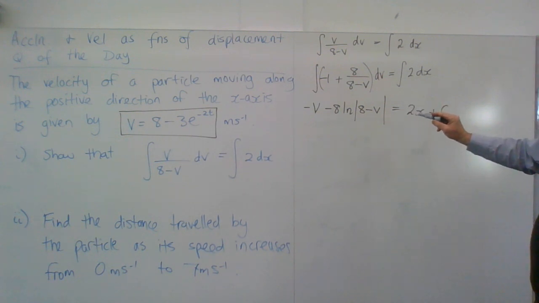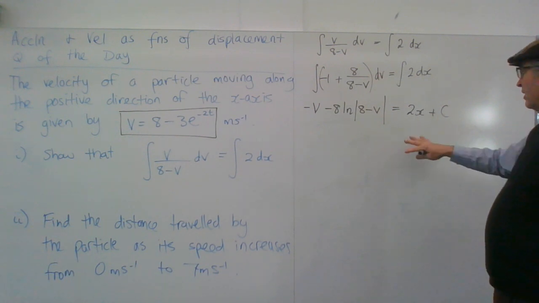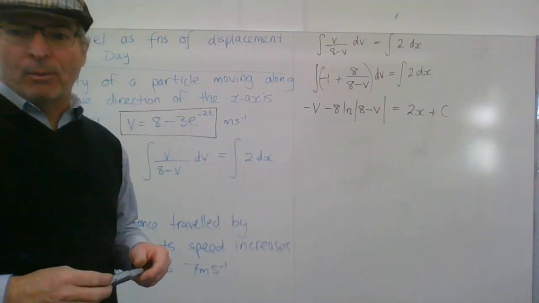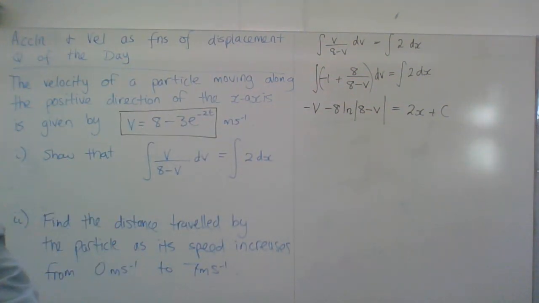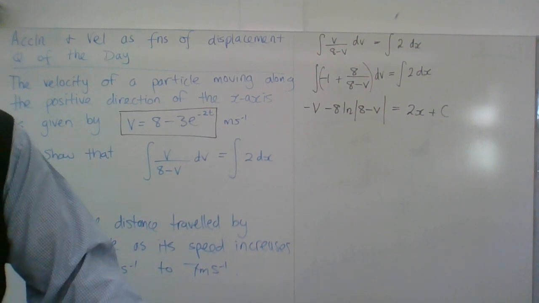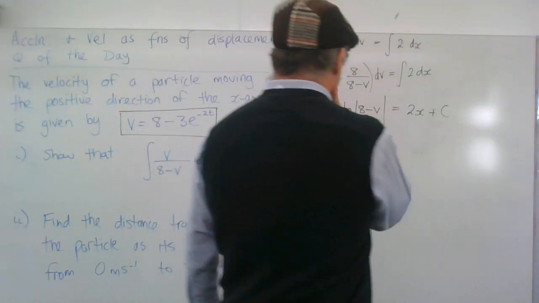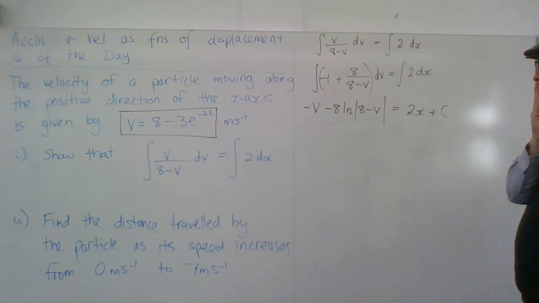We just need to sort that out now so we can have a velocity and displacement function that we can work with in the context of this part of the question down here. So what are we going to do there? We want to find the distance travelled.